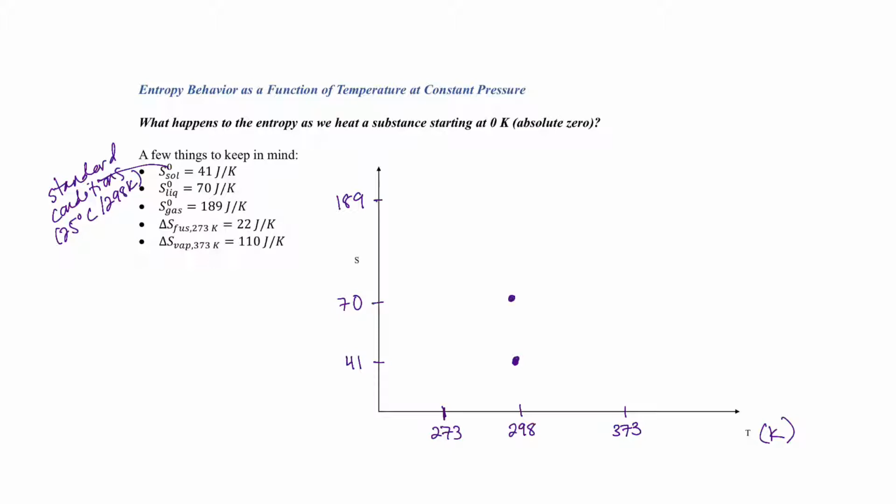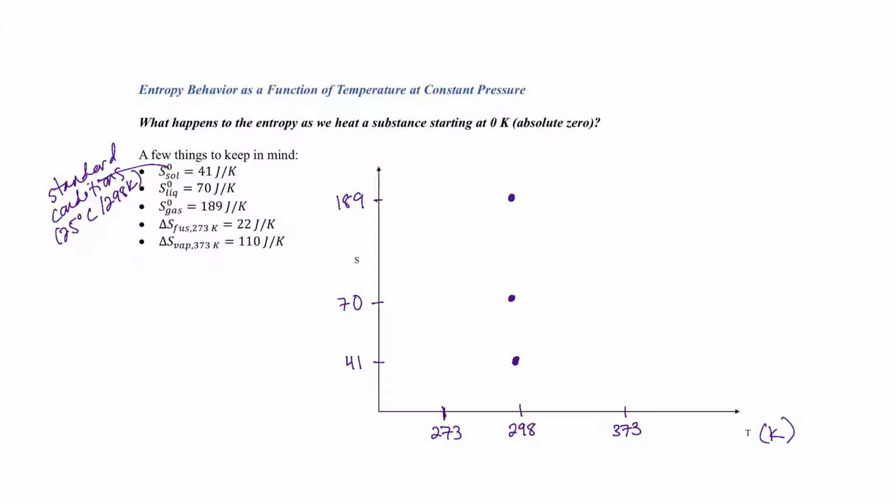So we'll get a dot there. And then finally our gas is up at the 189. Okay, so we'll just stack all of those points up for the standard conditions of each phase, and then we will go from there.